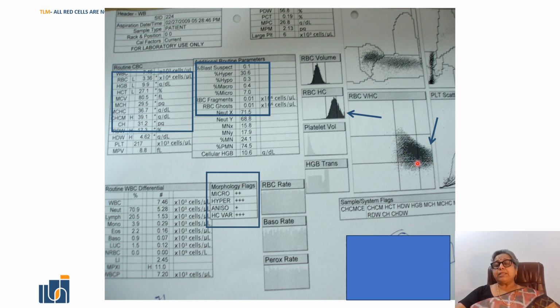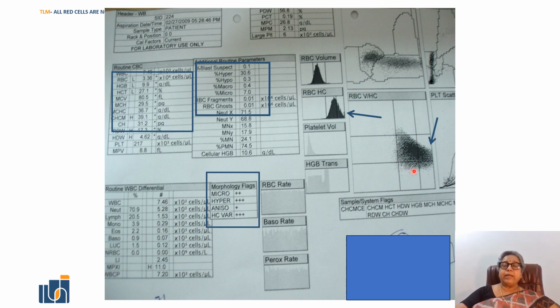And similarly in the scatter plot, there's a nice shift to the right. The percentage of hyperchromic cells is 30% because MCHC is also suitably increased at 36.7. The flags show hyperchromasia, anisocytosis, and hemoglobin variation. There's also microcytosis. So there's microcytosis, plenty of hyperchromic cells, which are obviously the spherocytes because spherocytes are what sit over here.